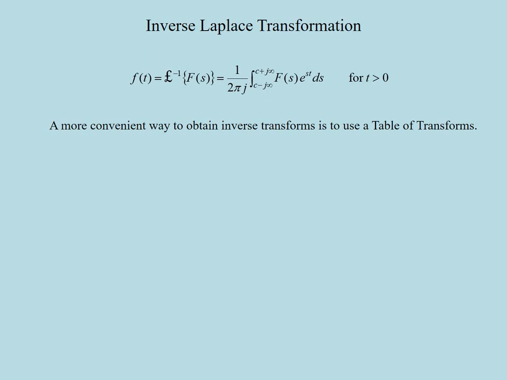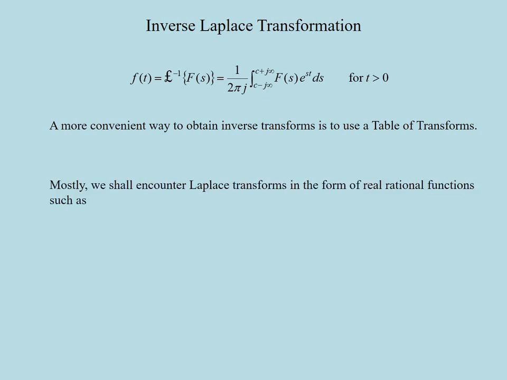In fact, in studying linear systems, we shall encounter Laplace transforms in the form of real rational functions. That is, they will be in a form like p of s over q of s, where p and q are polynomials in the variable s with real coefficients.